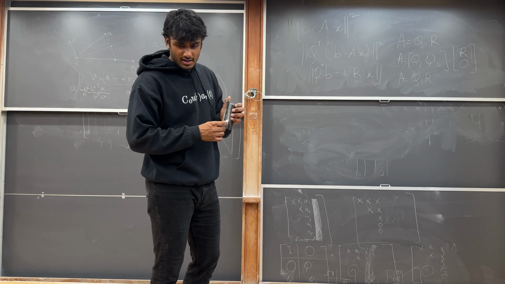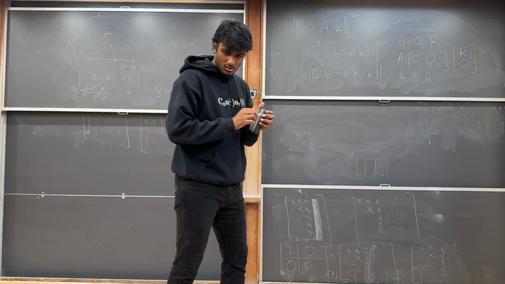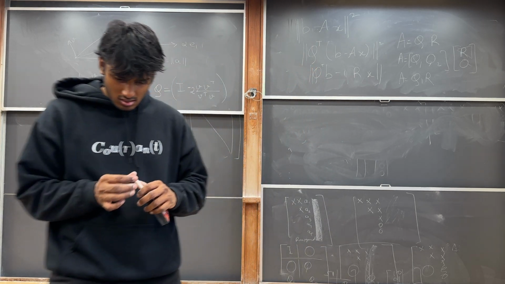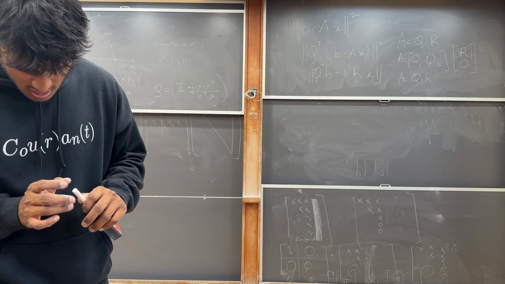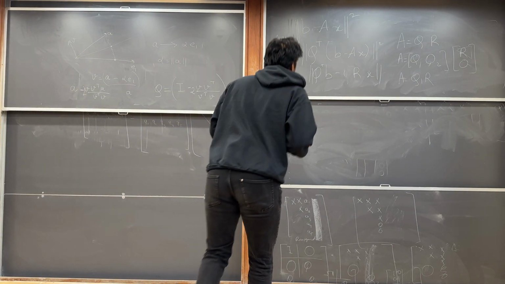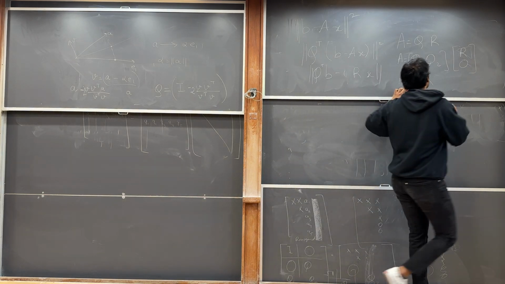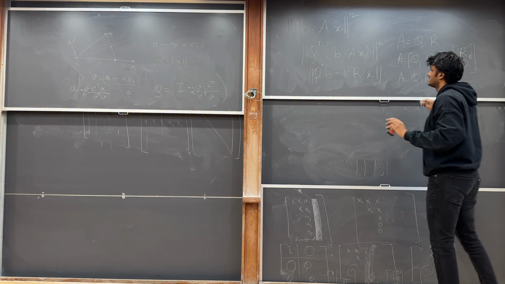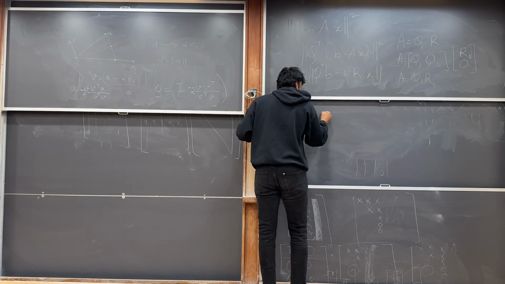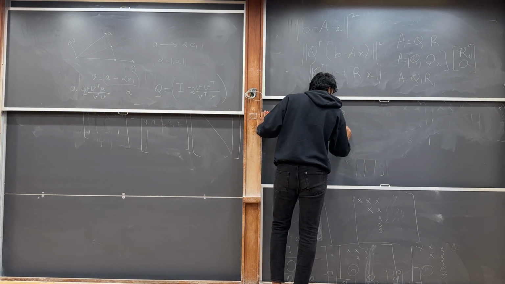So my norm of Rx minus Q transpose B is Q transpose AX minus Q transpose B. Right? This is correct. Now I write Q transpose B as B1, B2.